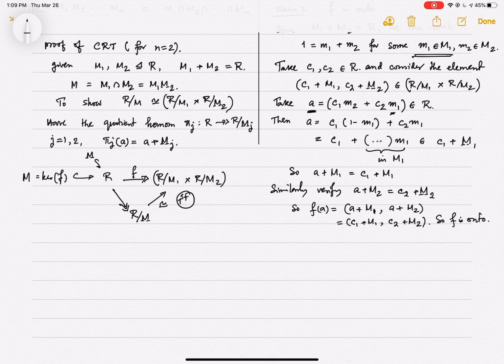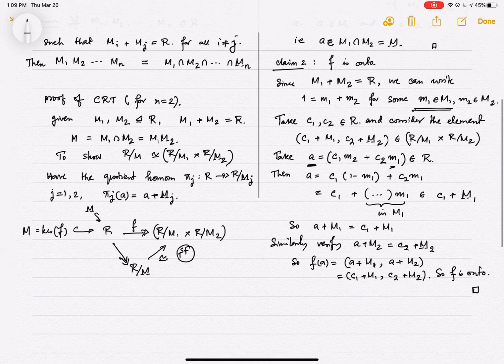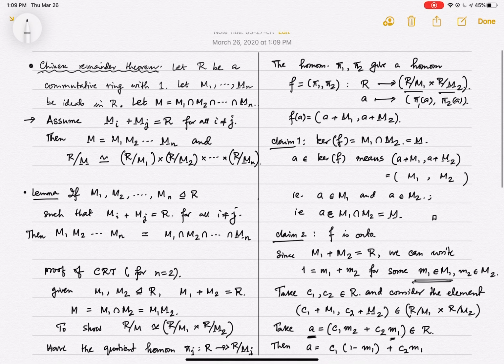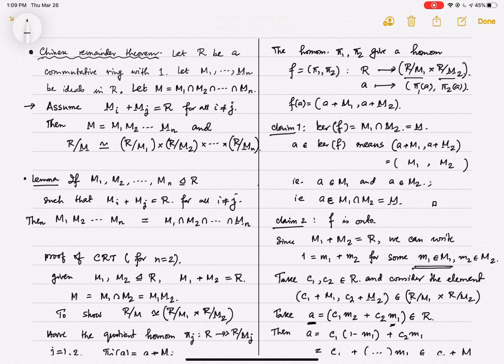Okay, that's the proof for n equals 2. The general proof is a little more than this. Maybe next time we'll apply this in the case of integers.